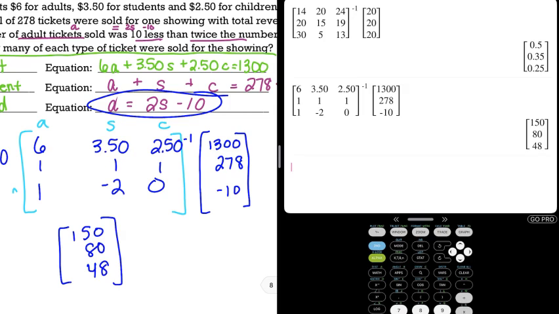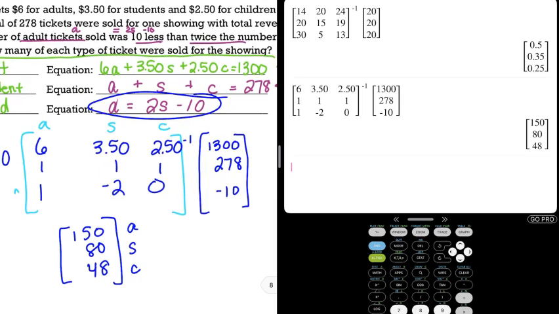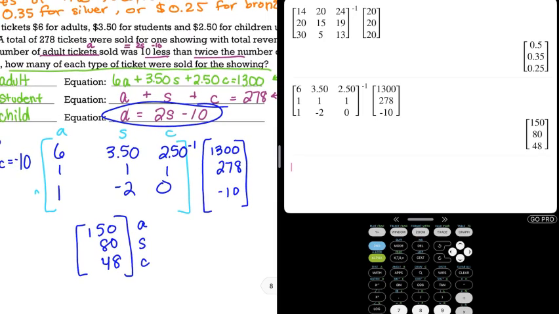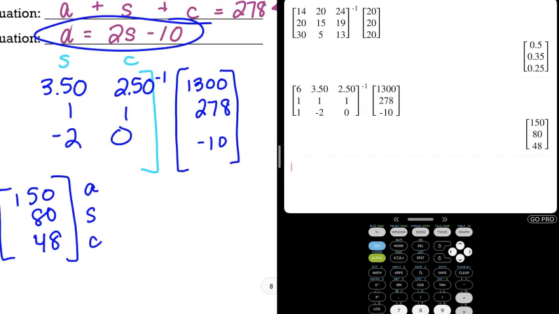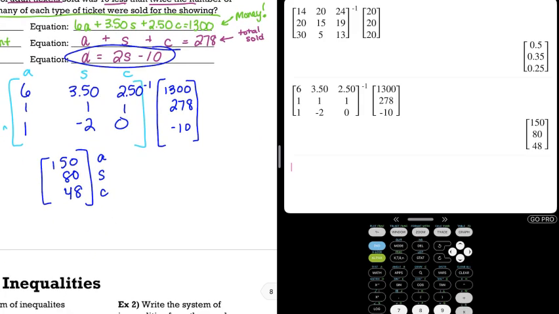Okay, so we've got to identify which one's which. So what order did we do to begin with? A, S, C. So we do that same order. It's a word problem. So we need to write our answer in words. So read the question again, not the whole thing, just where the question mark is. So how many of each type of ticket were sold for the showing? 150 adult, 80 student, 48 child. That's all we got to write.